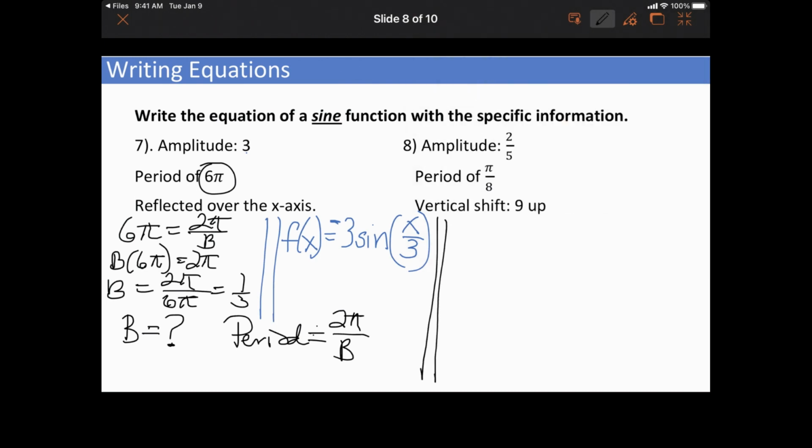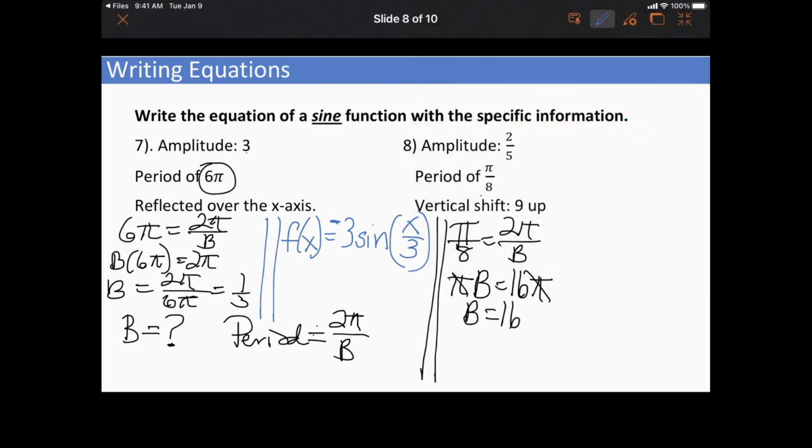Okay, let's find B. Period. So period is 8 pi equals 2 pi over B. Oh, so I'm going to cross multiply that. So that's pi times B equals 16 pi. Okay, so my pi's are going to cancel out, so B equals 16.